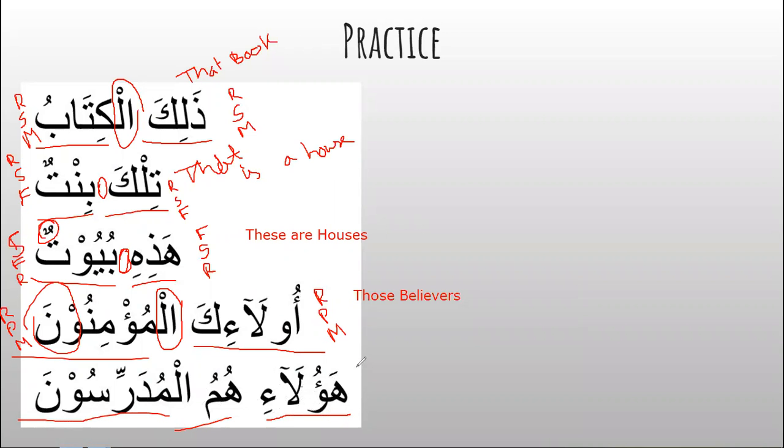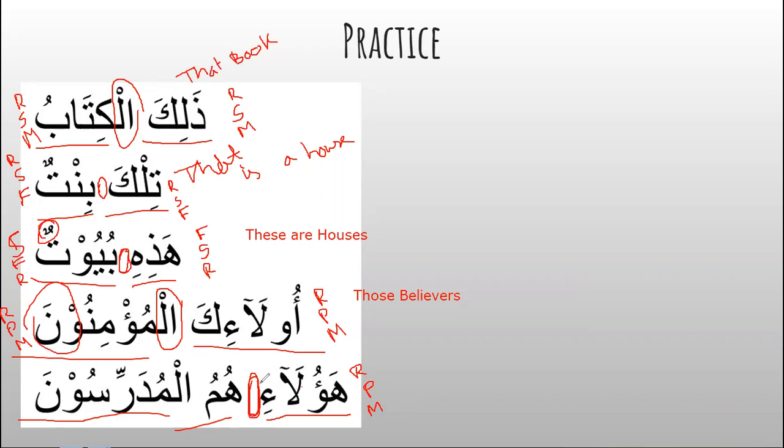Haulai is rafa, plural, and masculine. That means haulai means these. And after haulai there is no alif lam here, right? So this is a sentence. This is not a fragment anymore.